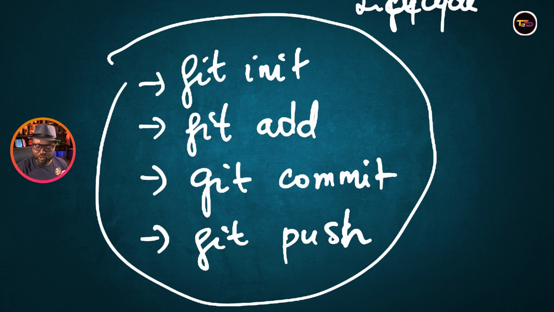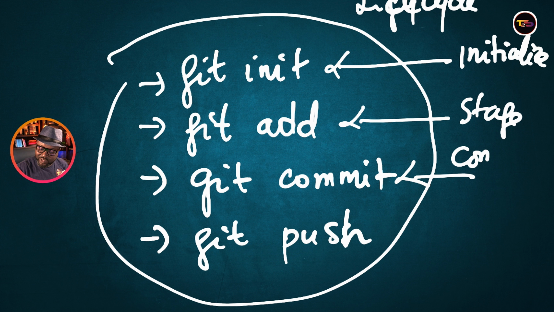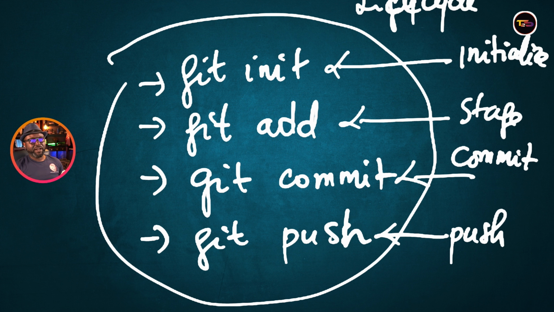So what you do, you first initialize, you stage, you commit. So initialize, you stage, you commit, and then you push. And remember, GitHub is a source code management tool, also known as a versioning management tool.